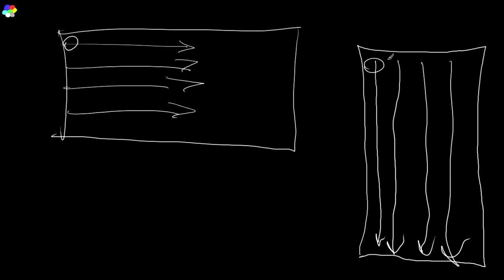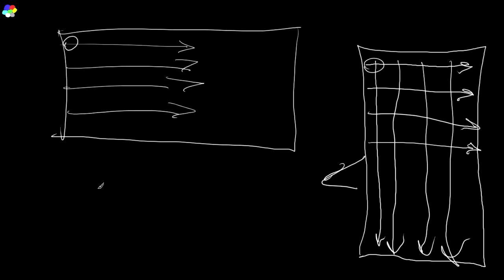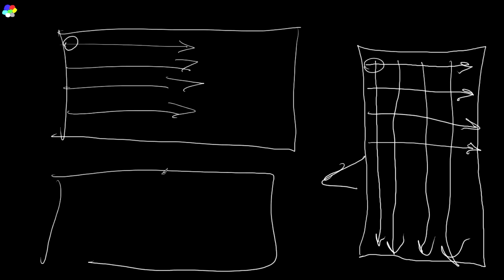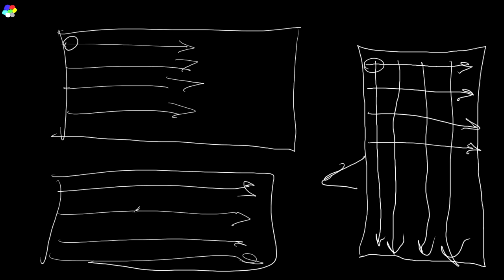And now, because your image has been transposed, you can perform the same horizontal operation on this, and it is effectively a vertical blur because you're working on the transposed image. And when you output from this one, you output transposed again, and you're left with your original orientation.